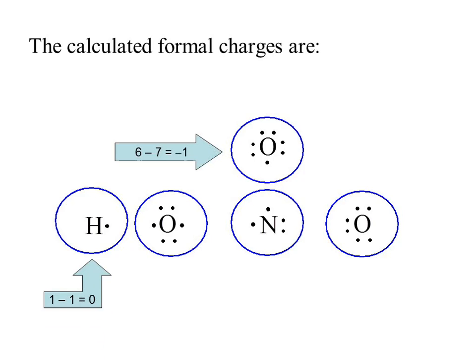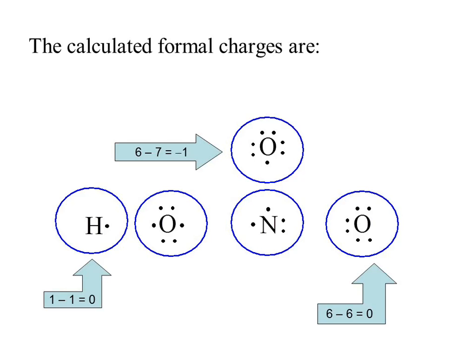Okay, hydrogen, 1 valence electron. In this structure, it has 1 electron at the nonpolar limit. It has a formal charge of 0, which is wonderful. Over here, we said this oxygen over here also has a formal charge of 0. 6 valence electrons, 6 in the structure.